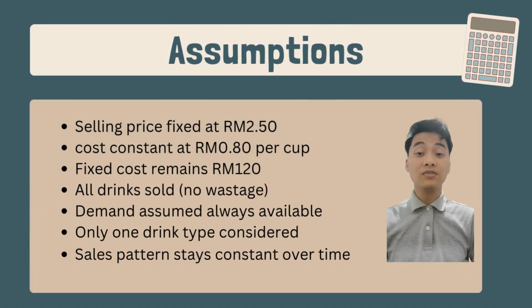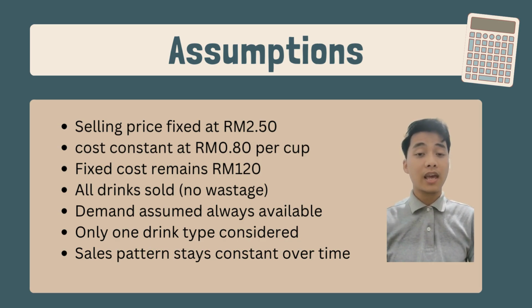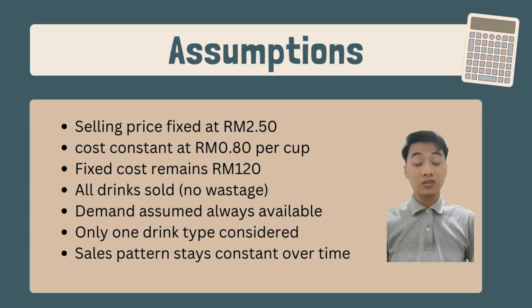For the assumptions, the first point is the selling price is fixed at RM2.50. The second point is the cost is constant at 80 cents per cup. The third point, fixed cost remains RM120, which is for the rent, electricity, maintenance, and others.